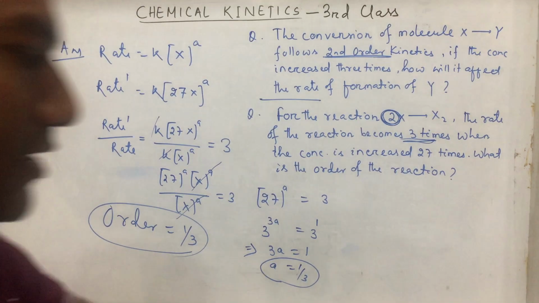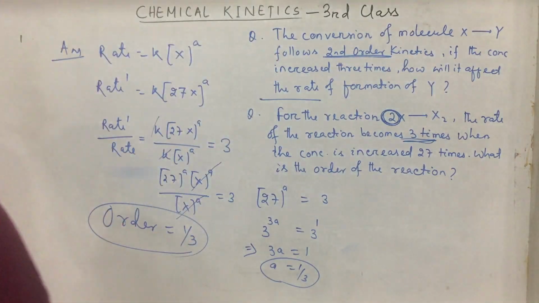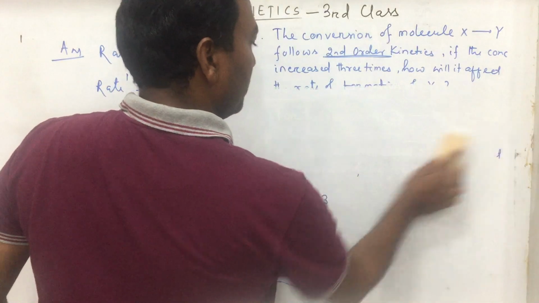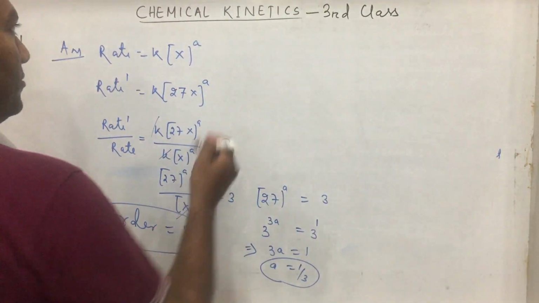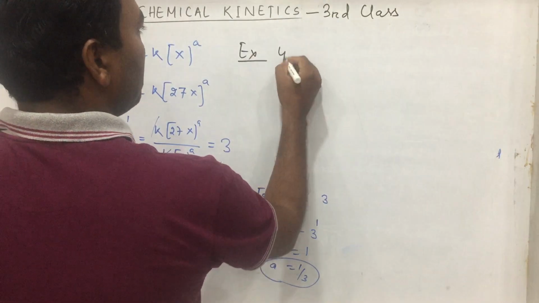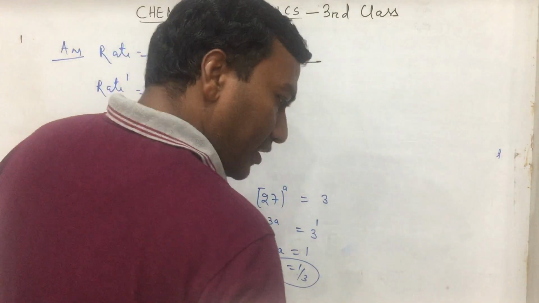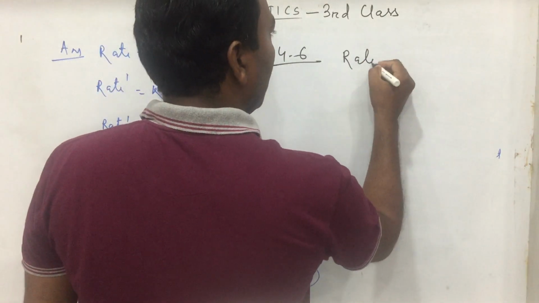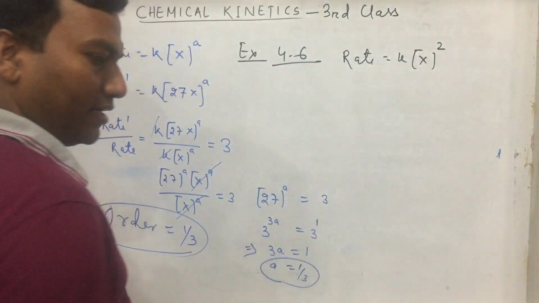Okay. Similarly, from the NCERT book, exercise question number 4.6, a same-format question is given. A reaction is second order, so that means rate equals k into x square, because the order is given.